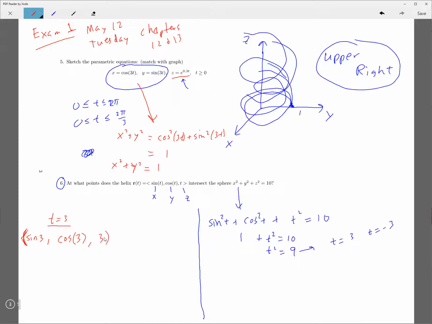Apparently, you're supposed to round your answers to 3 decimal places. And then -3 is going to give you negative sine 3, cosine 3, and -3, because the sine of -3 is negative sine 3, and the cosine of -3 is just cosine 3.